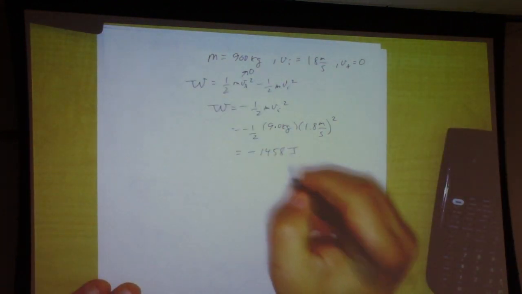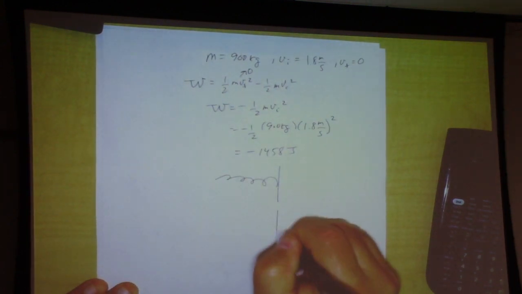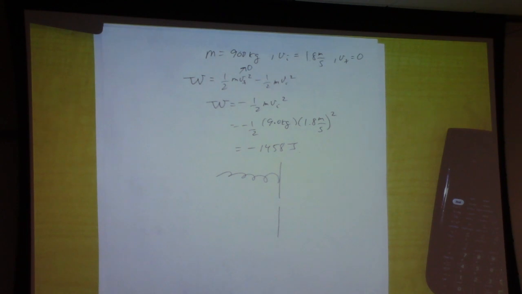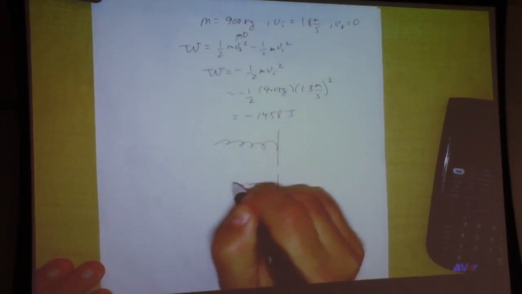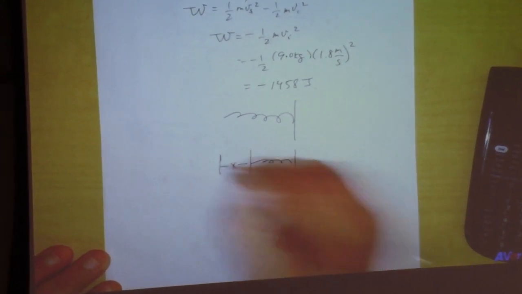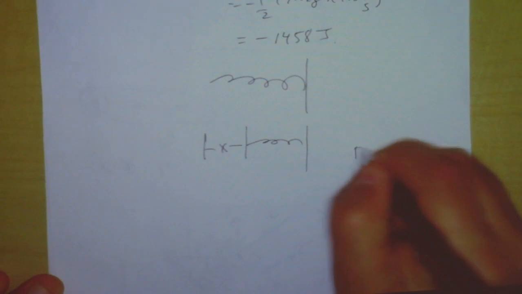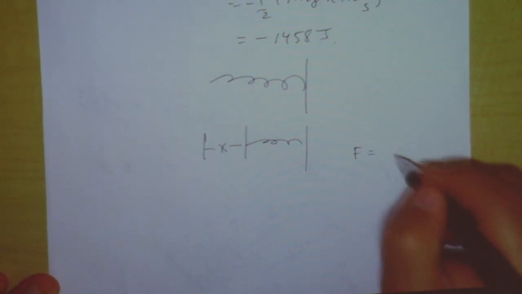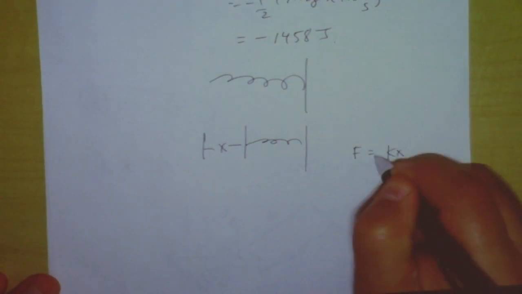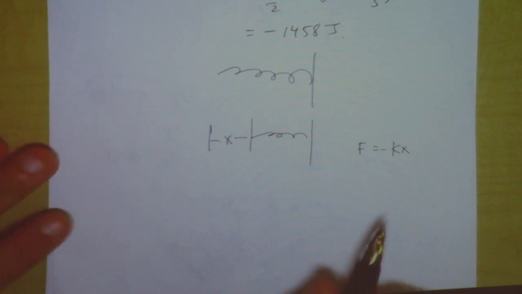Okay, so if you have a spring and you compress it some distance, Hooke's law tells you how much the force is. So if you read the chapter, it says minus kx.